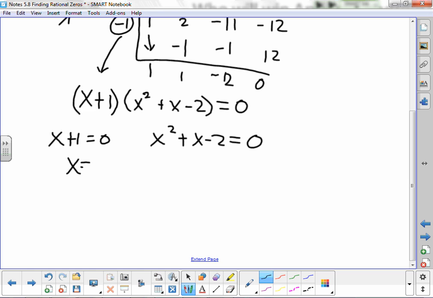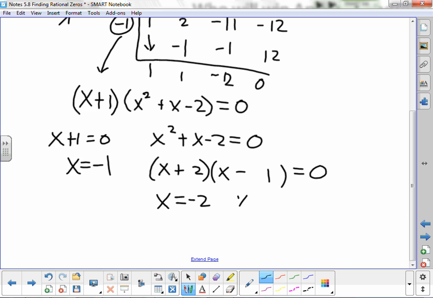This is x equals negative 1. Is that a factor? Yes. X, it's a 2 and a 1, negative 1, positive 2 equals 0. So x equals negative 2, x equals positive 1. Wait, that doesn't make sense. Hold on. Did I factor too fast?